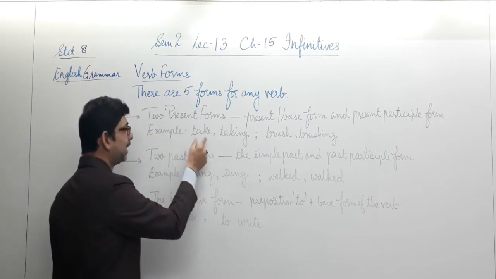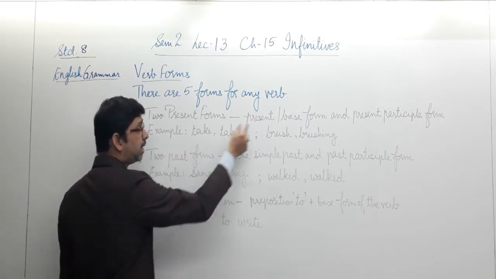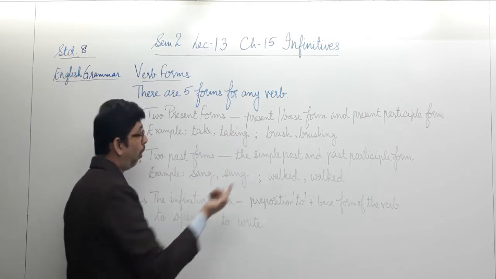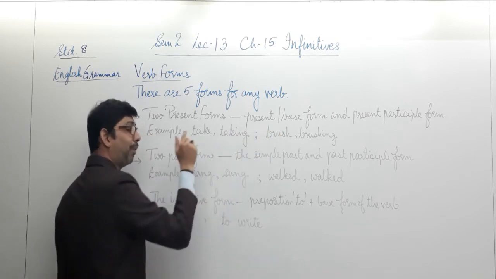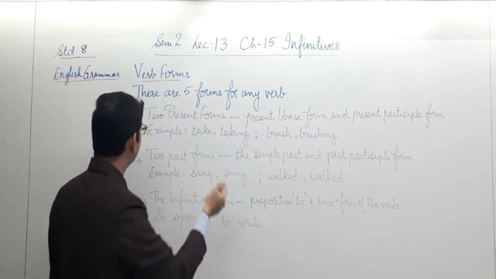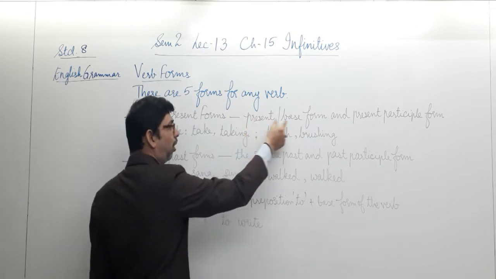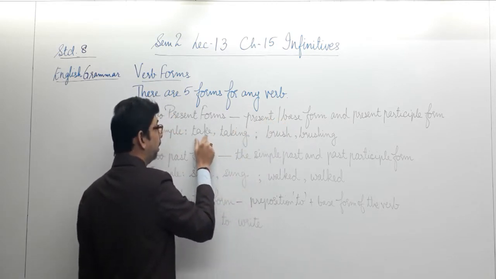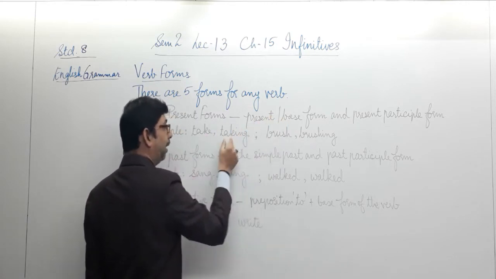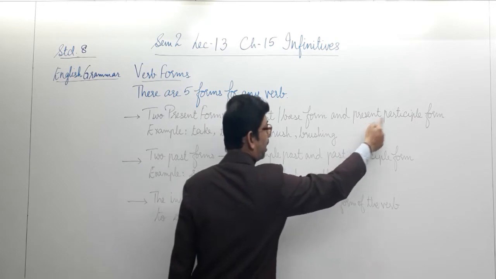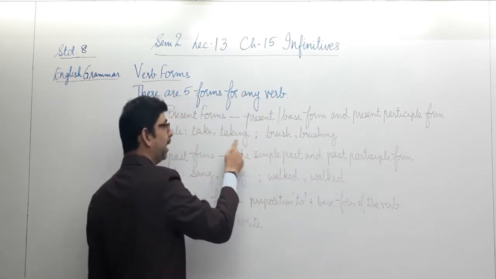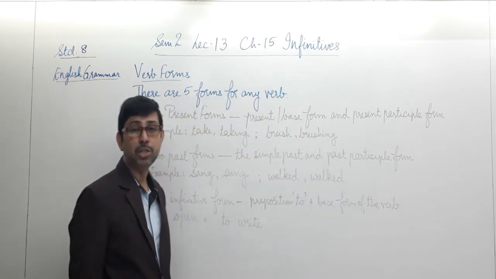For example, I say the word take. Take is the present form in general, or I can say the base form when I am using it with something else. So take and taking are examples of present or base form. Take is base form or present form. Taking is the example of present participle form, where I have applied the letters ing to it.